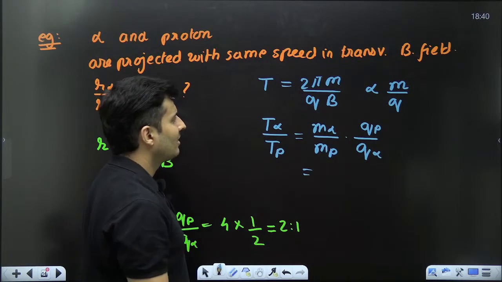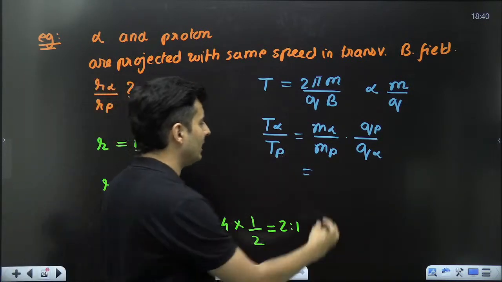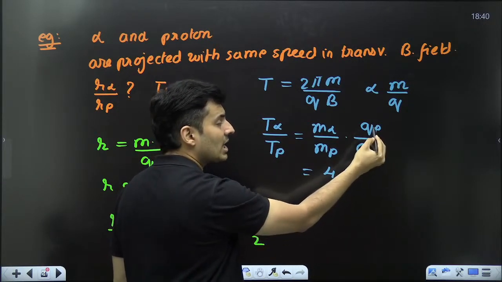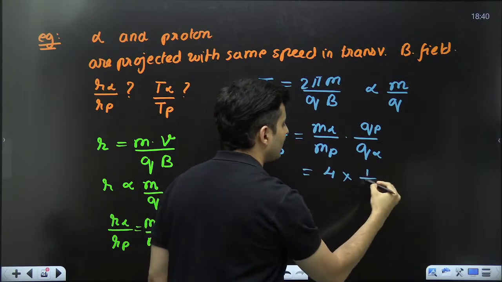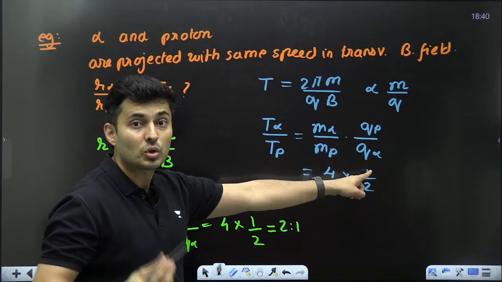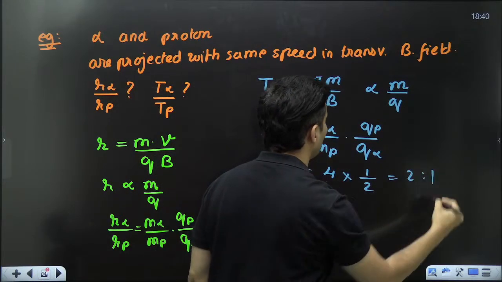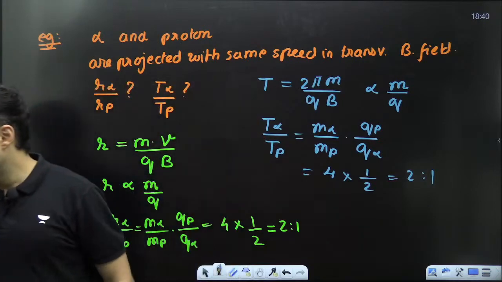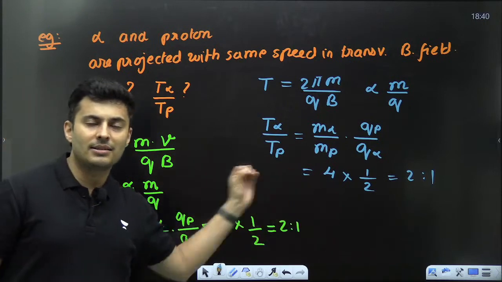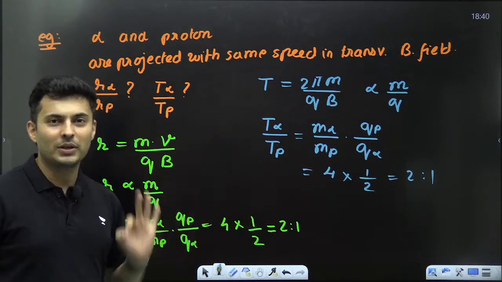Mass of alpha particle is how many times the mass of the proton? It is 4 times again. Charge of alpha is 2e, charge of proton is e. So it is basically 2 times that of the proton's charge. So again this is coming out to be 2:1 only. Are you getting 2:1? Yep, very good. So both the answers came out to be 2:1.